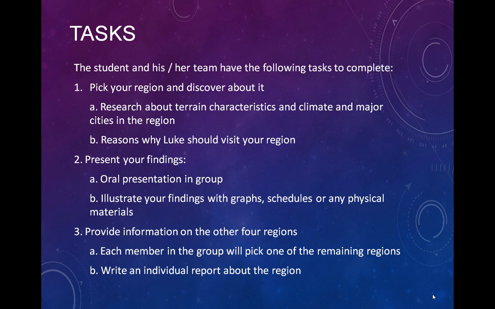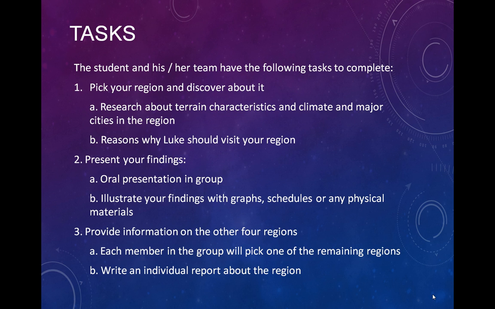Second, they have to present their findings. First is the oral presentation in group. Second is to illustrate the students' findings with graphs, schedules, and any other physical materials. For example, they can bring red river dust, or anything that can illustrate the special characteristics of the region.